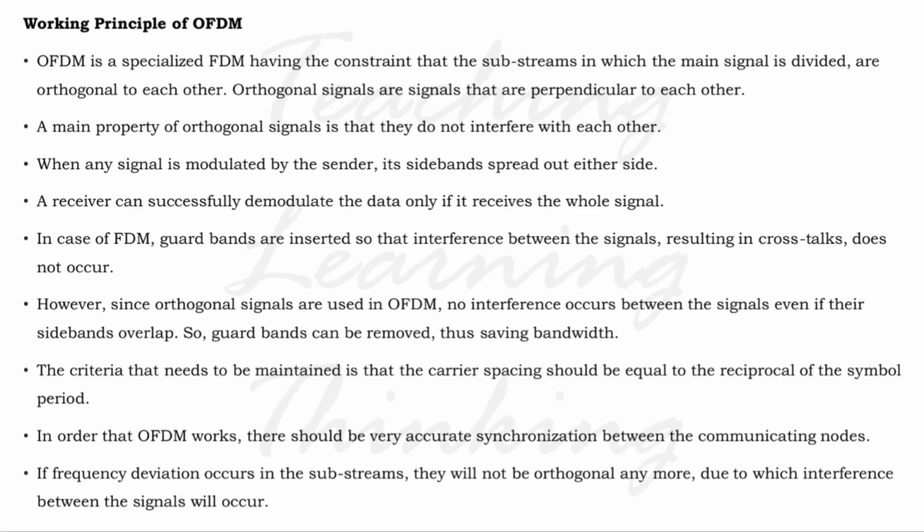The criterion that needs to be maintained is that the carrier spacing should be equal to the reciprocal of the symbol period. For OFDM to work, there should be very accurate synchronization between the communication nodes. If frequency deviation occurs in the substreams, they will not be orthogonal anymore, due to which interference between the signals will occur.